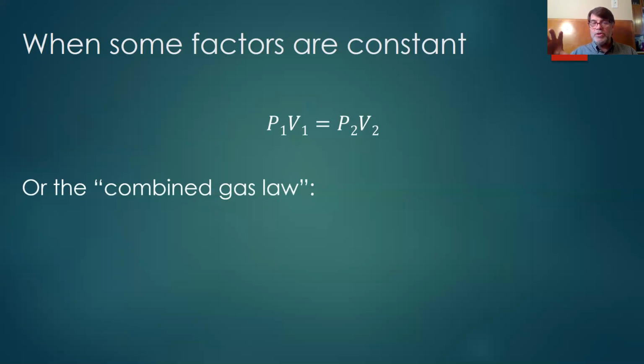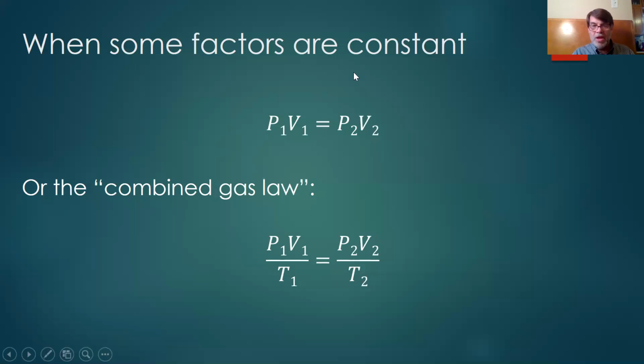Or we can talk about what's called the combined gas law, where the number of moles is constant. Of course, R is a constant. Then we could say that P1 V1 over T1 equals P2. Okay, I made a mistake. So let me do a little magic here. Blink. Now it's right. So P1 V1 over T1 equals P2 V2 over T2.